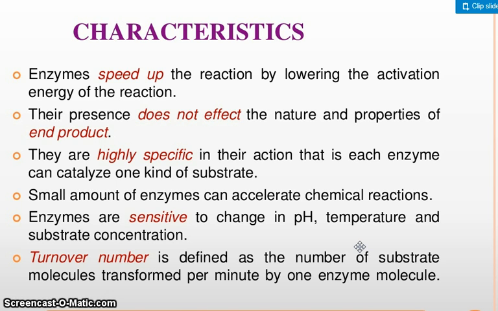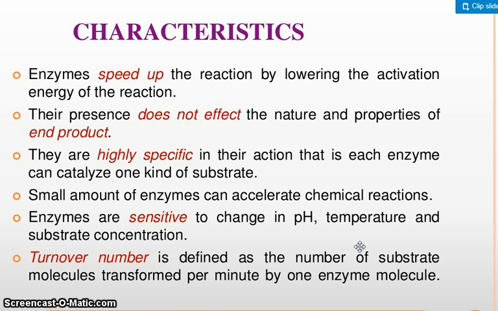Characteristics. Enzymes speed up the reaction by lowering the activation energy of the reaction. Their presence does not affect the nature and properties of end products. They are highly specific in their actions, that is, each enzyme can catalyze one kind of substance.